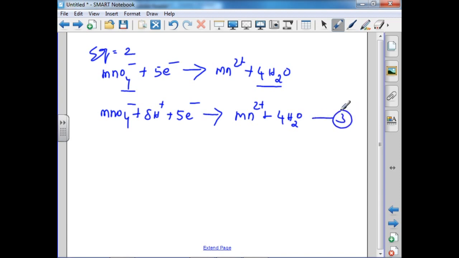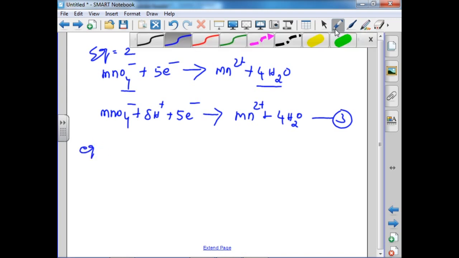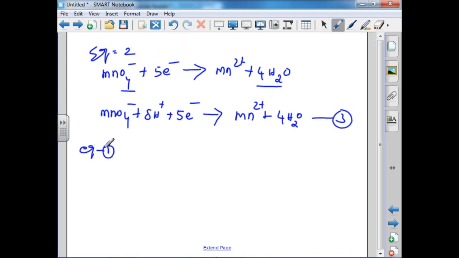Next, balance the charge. Equation number 1: Sn2+ gives Sn4+ plus 2 electrons.